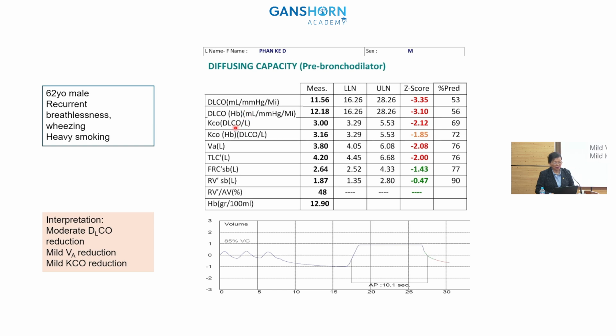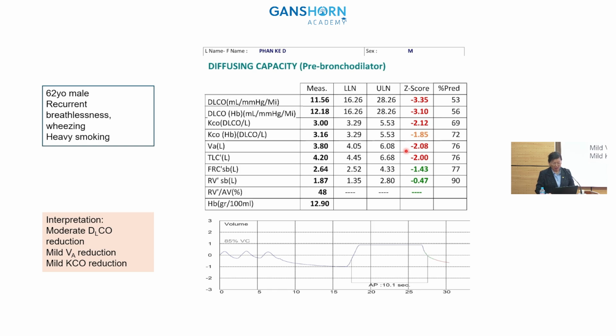Remember that when you measure DLCO, you always have to measure the hemoglobin first, because the hemoglobin will affect the result strongly, so we will read the result of DLCO with hemoglobin. And there is an abnormal, moderate decrease. And for the transfer coefficient, we have also reduced. And VA, we have also reduced VA.